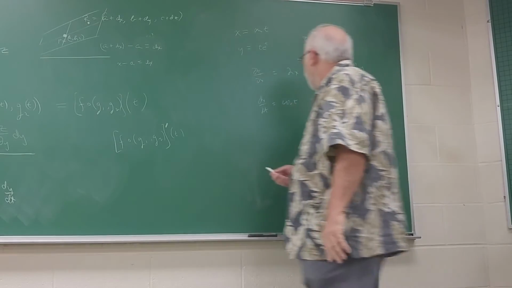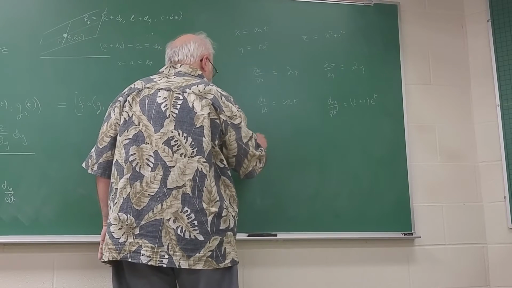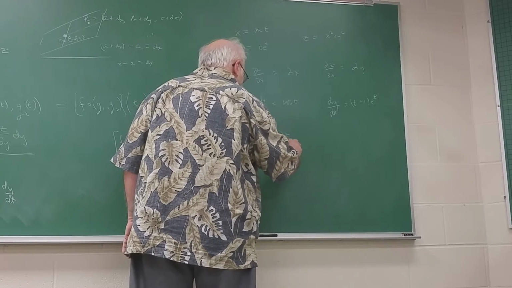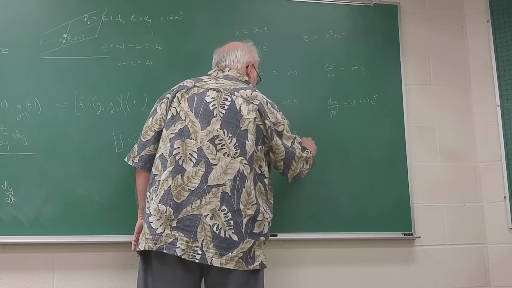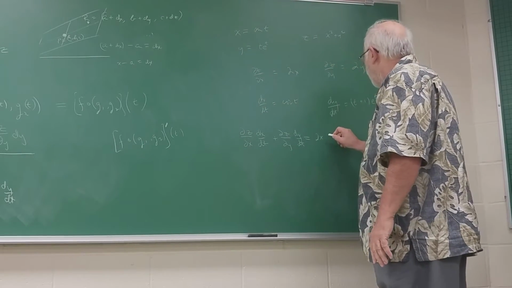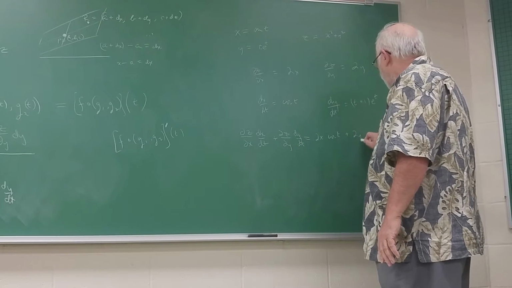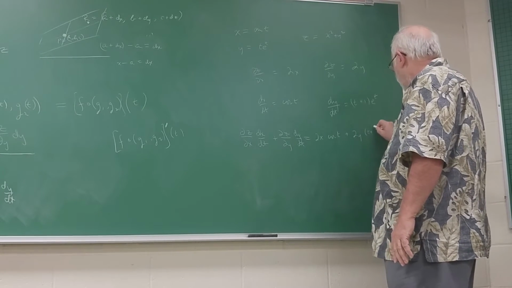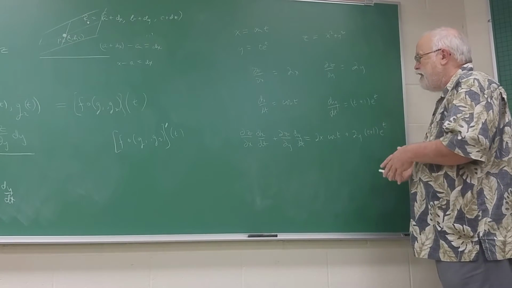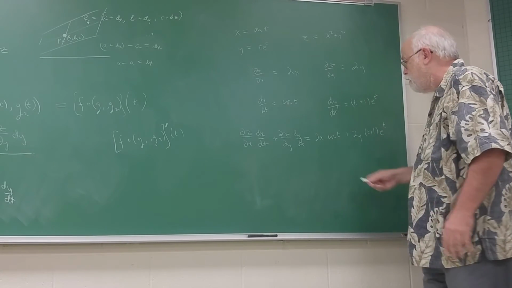So putting this together, I've got del z del x, dx dt, plus del z del y, dy dt, equals 2x times cosine t plus 2y times t plus 1 times e to the t. And you know they never let you leave it that way in Cal 1. You always got to take it all the way to the independent variable.